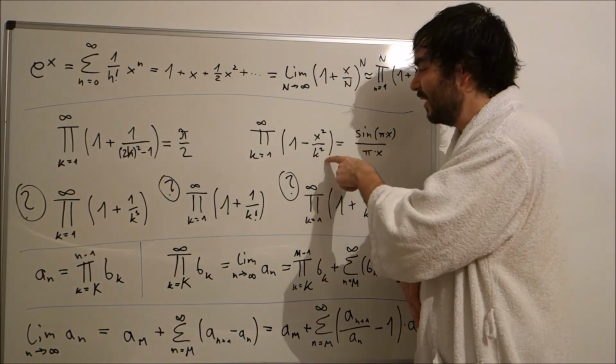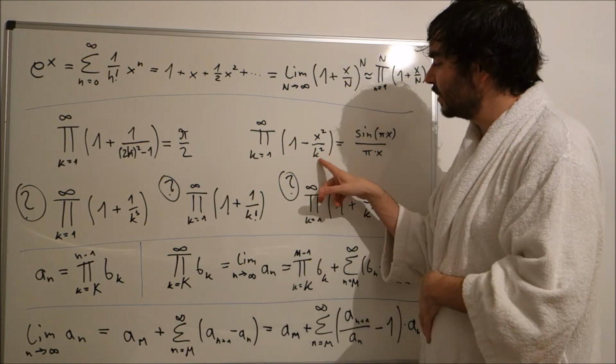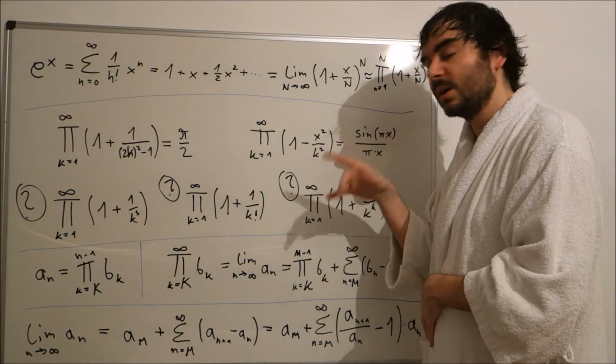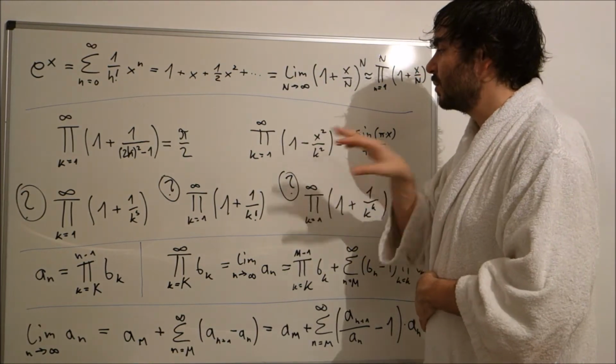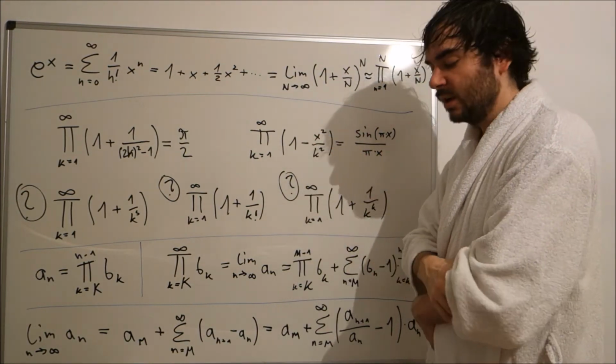So let's say 5.5. But eventually you get to k equals some bigger number, and then this expression will get very small, and that's why the product even has a chance of being finite.